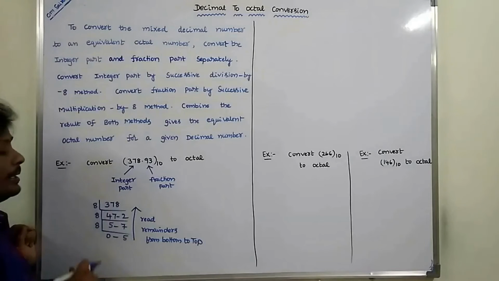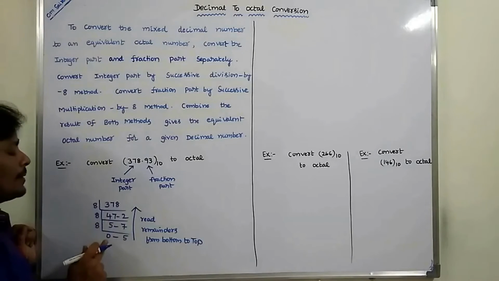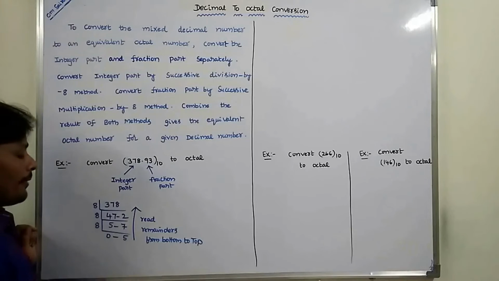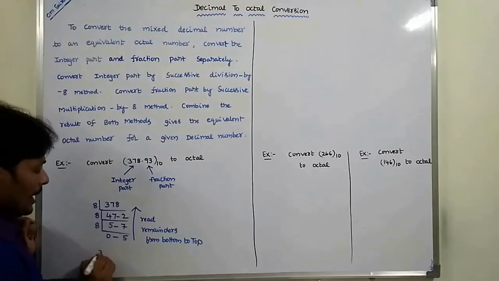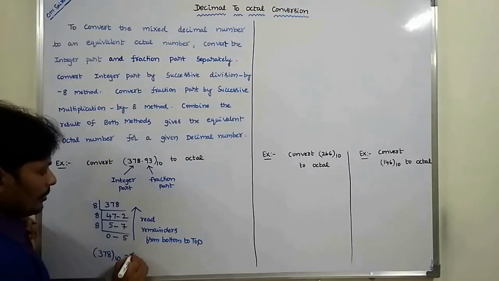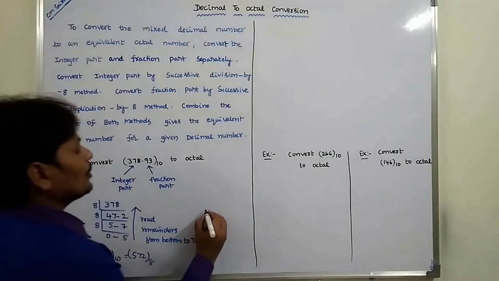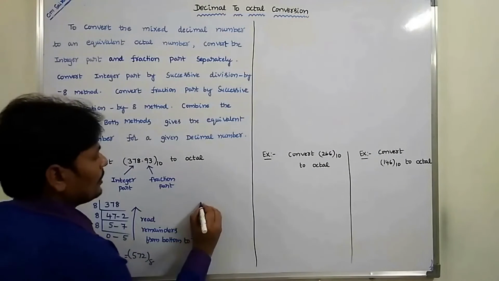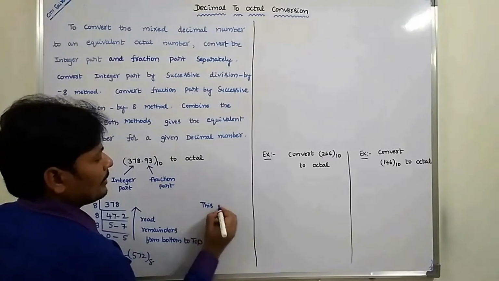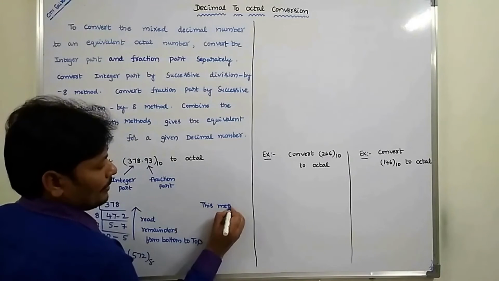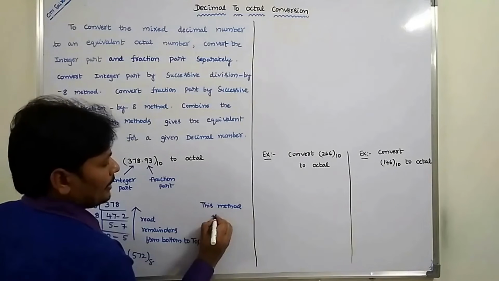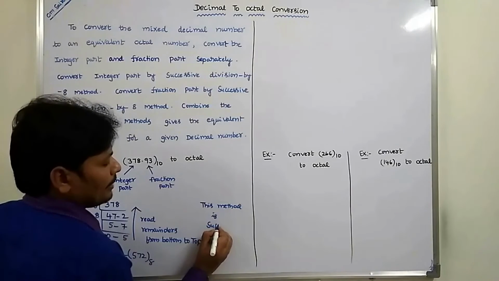Remainder is 7. 8 divides 5 0 times. Remainder is 5. So therefore 378 base 10 is equal to 572 base 8. Okay. Here we use the successive division by 8 method.